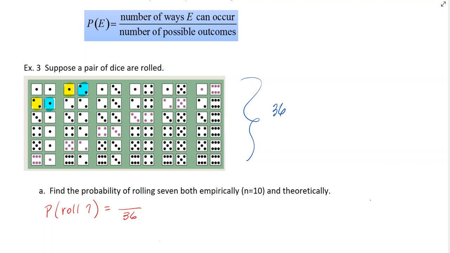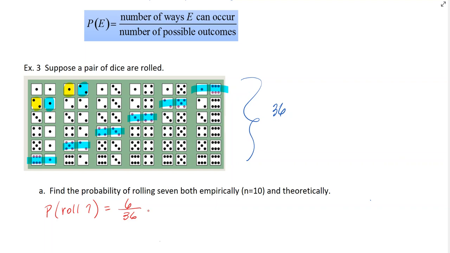Now I need to figure out how many ways I can have my event occur. How many different ways can we roll a 7? Well, I have a 6 and a 1, 5 and a 2, 4 and a 3, and then you can see I have the same 3 and 4, 2 and 5, 1 and 6. That tells me that there are 6 different combinations to get a sum of 7 when I roll 2 dice.